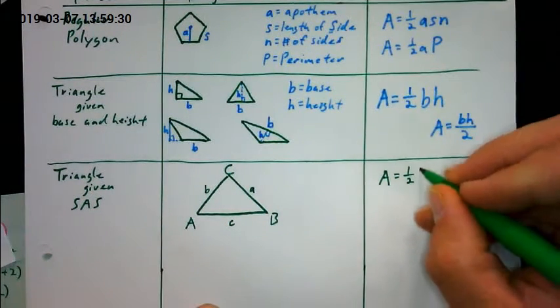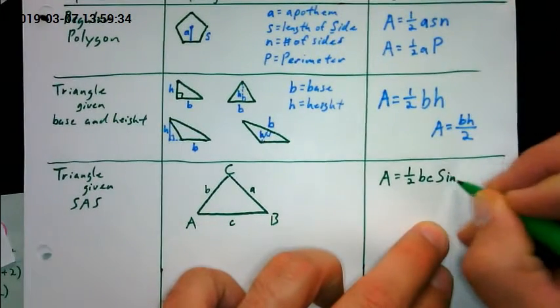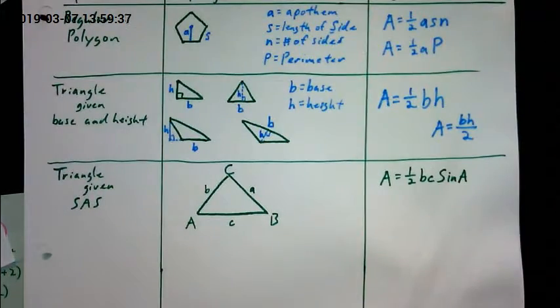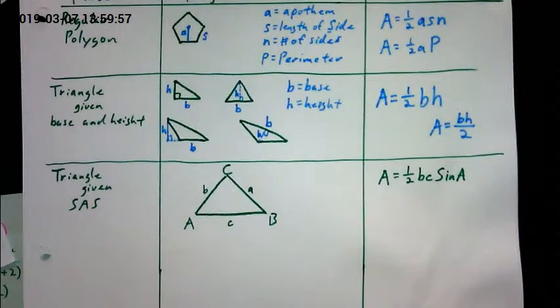So it's going to be b times c times sine of A. Again, there's nothing you have to solve for. It's not like we're solving for a missing side using our trig and then plugging it into a formula. It's just part of our formula here. So you'll be given those three pieces, two sides and an angle, and you're just plugging it into this equation. You just type it into the calculator.